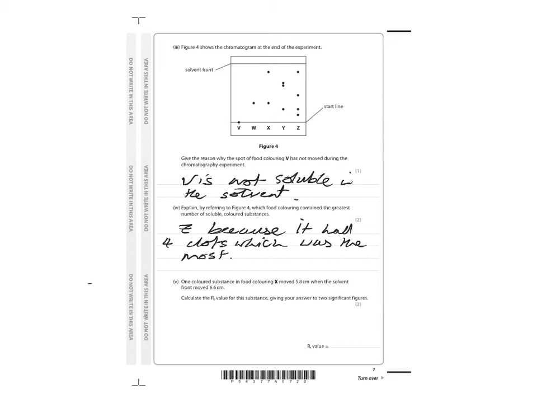The last part says one coloured substance in food colouring X moved 5.8 centimetres when the solvent front moved 6.6 centimetres. Calculate the RF value for this substance, giving your answer to 2 significant figures. Well, the RF value is always a value between 0 and 1, which means that it's got to be the small number divided by the big number. So it's the distance that the dot moved divided by the distance that the solvent moved.